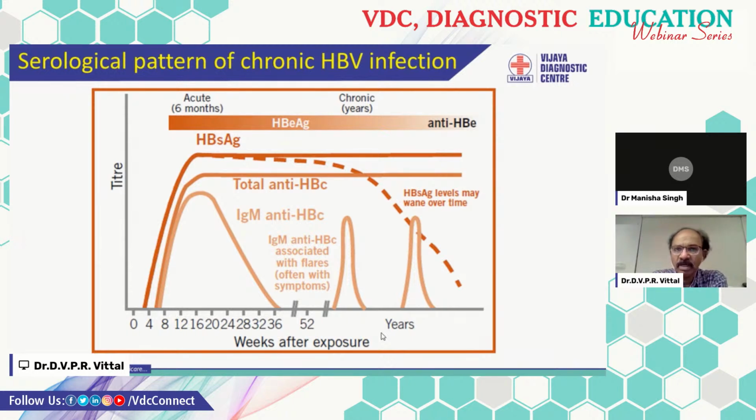Then comes total anti-HBc antibody, as well as these HBsAg levels, which may be peaking up again and coming down again during acute exacerbations in the chronic patients. The HBsAg levels may be waning off and then peaking again. This particular picture shows the variations in the hepatitis B antigens during chronic infections.